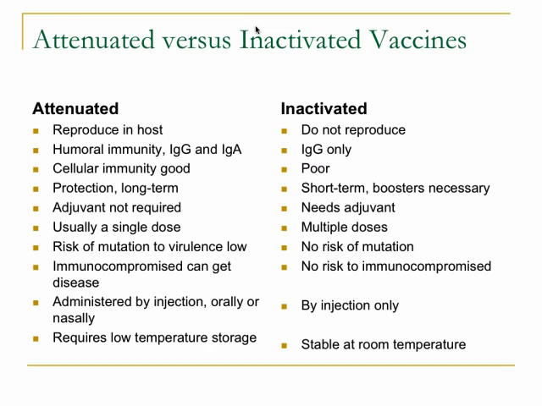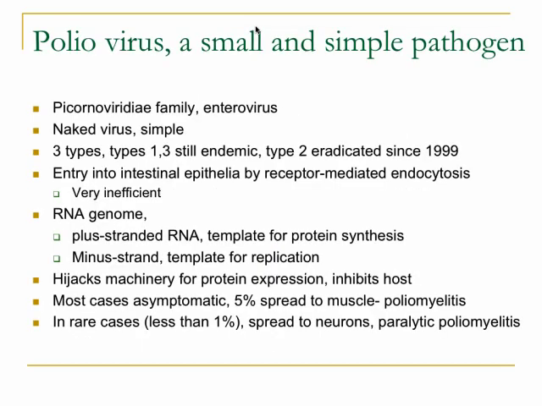So multiple doses might be needed because of the short-term protection that it might provide. But it's very safe, with no risk to immunocompromised or pregnant individuals, and it's not as flexible as far as being administered only by injection. But it's stable at room temperature, so long-term storage and transport to very remote areas is possible. So let's just look at poliovirus as an example.